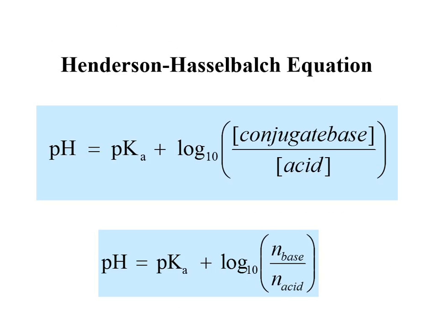So here we go, two forms of the Henderson-Hasselbalch equation: how to know that you have a buffered solution with a conjugate acid-base pair, and how to know what the pH of that is.